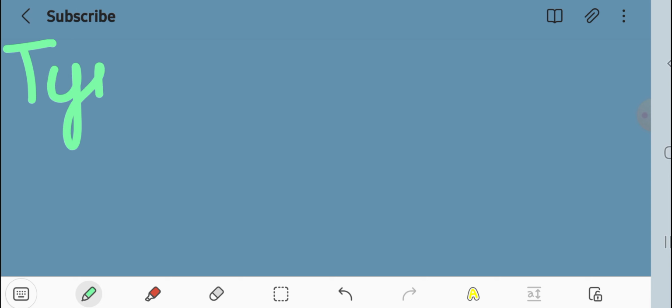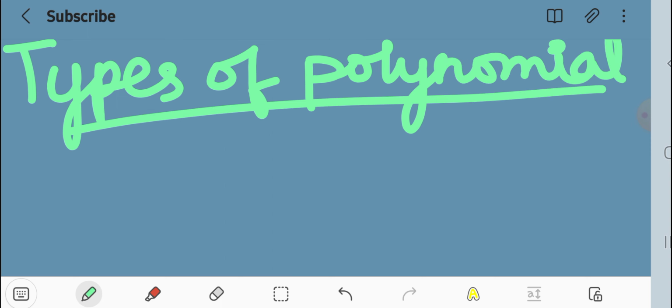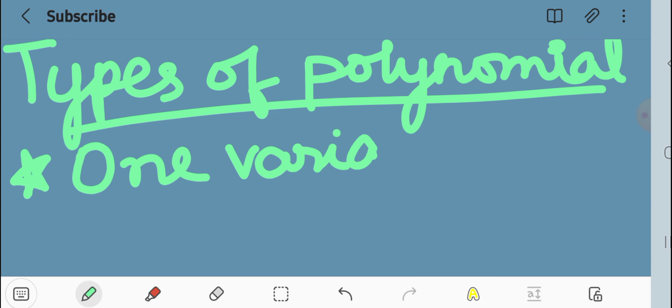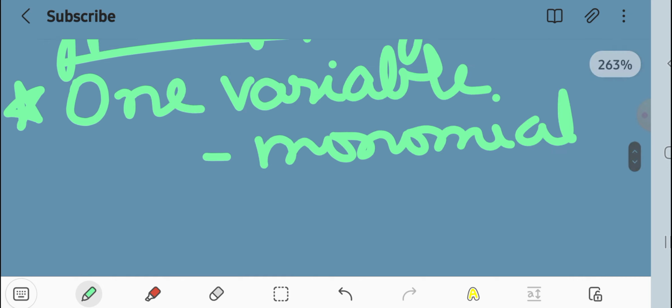Types of polynomials. So what are the types of polynomial? A polynomial with one term is known as a monomial.